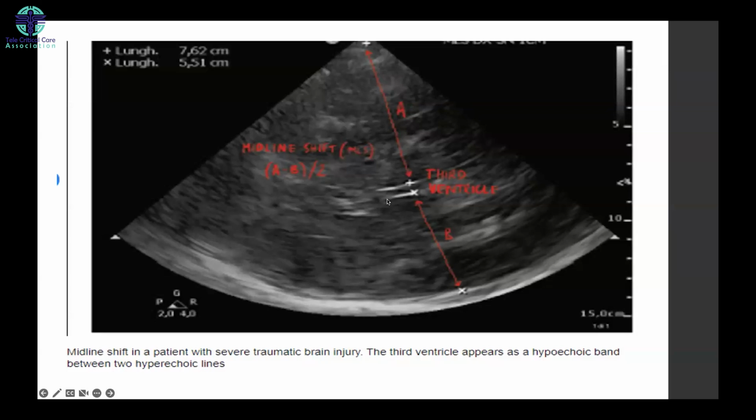And the midline shift can be calculated as A minus B divided by 2. This will give us the midline shift, and we know that a midline shift of more than 0.5 centimeter is indicative of rise in intracranial pressure, as well as being clinically significant.